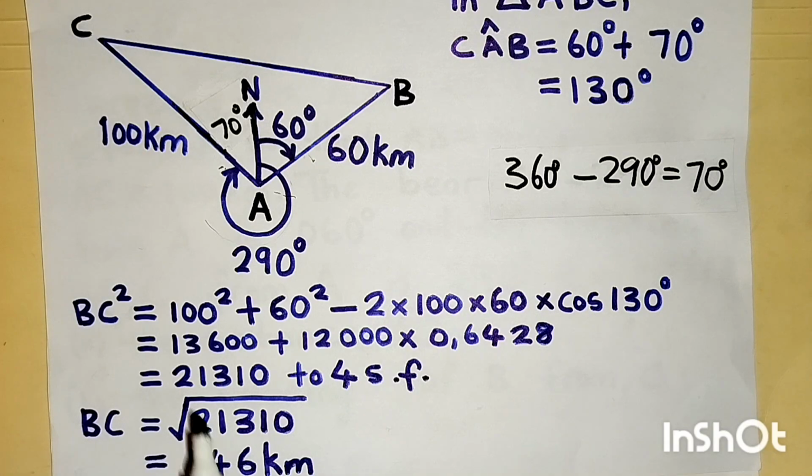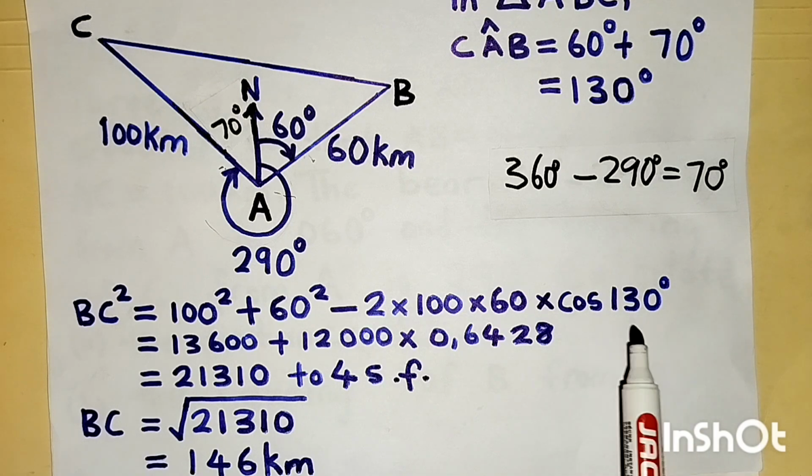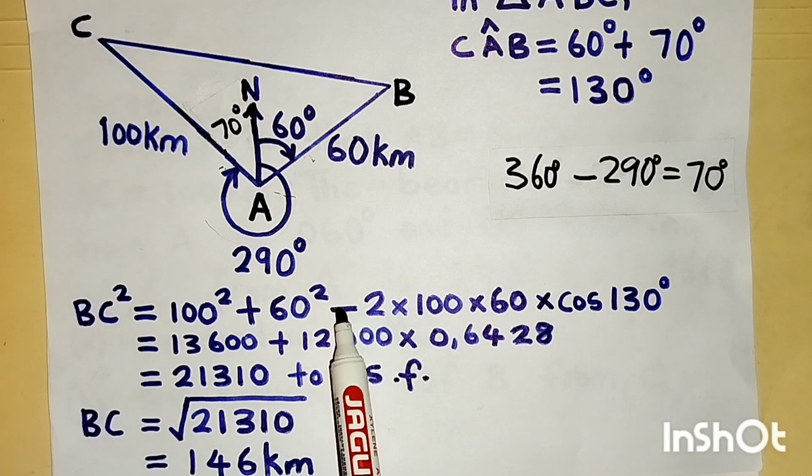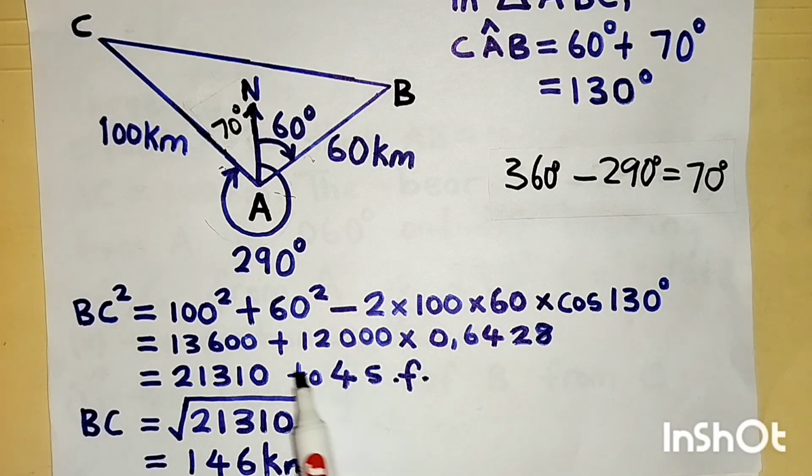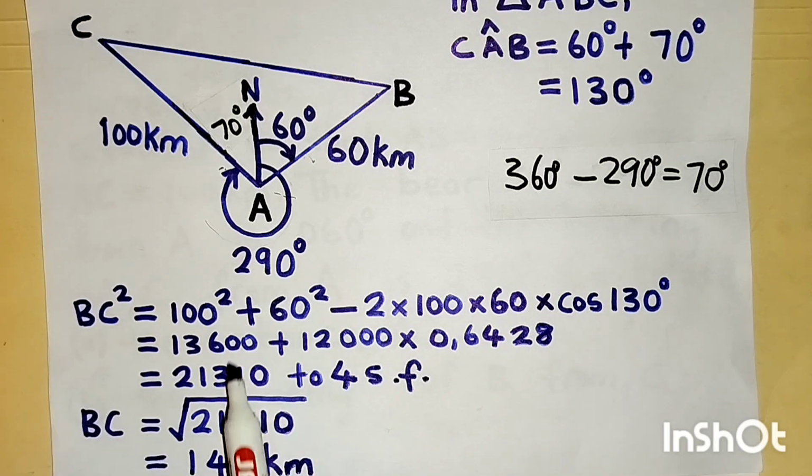Okay. If I simplify 100 squared plus 60 squared, I get 13,600. The cosine of 130 degrees is negative 0.6428. So here I've got another negative. The negative which comes from the cosine of 130 degrees and this one give us a positive. So I have 13,600 after adding the squares of these two plus 12,000 multiplied by 0.6428.